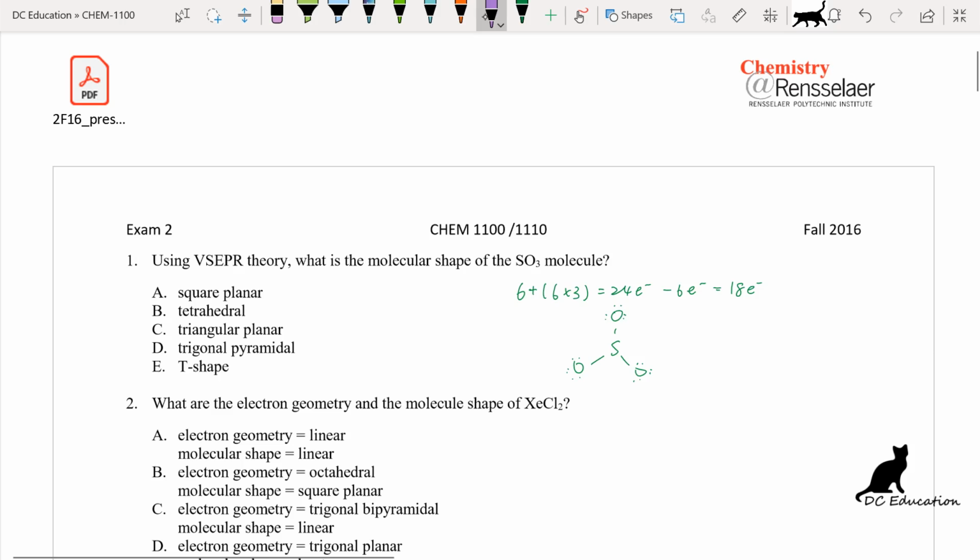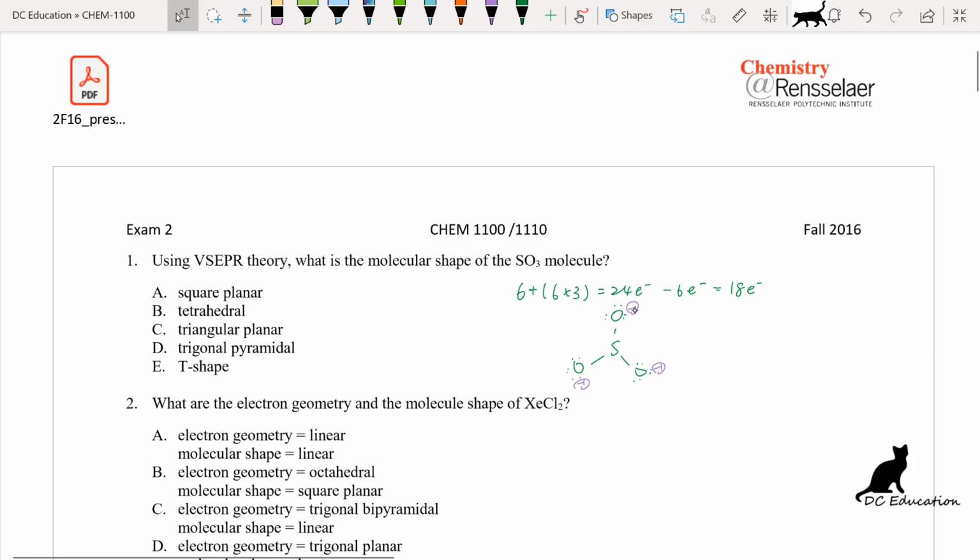For the formal charge on each oxygen, it's going to be 6 minus 1, 2, 3, minus 1, 2, 3, 4, 5, 6, 7. So it's going to be a -1 on each atom of oxygen.